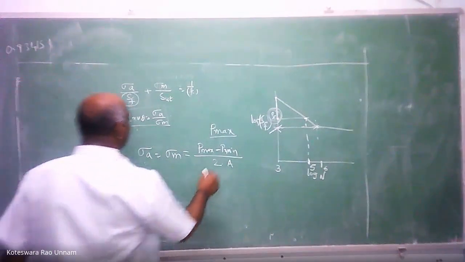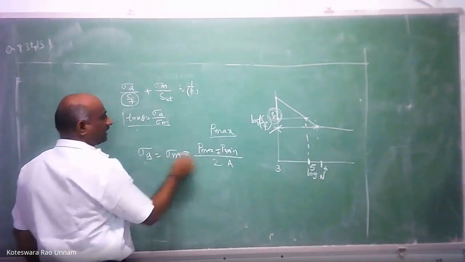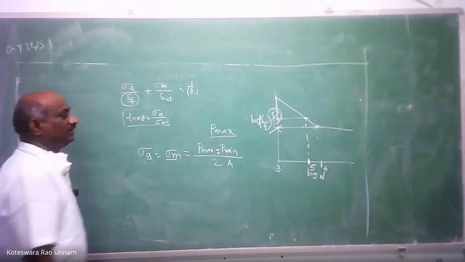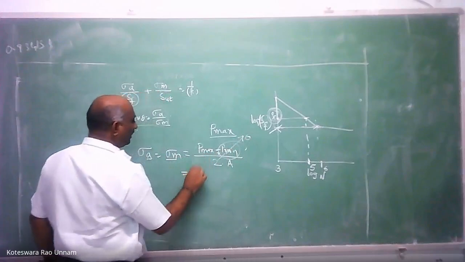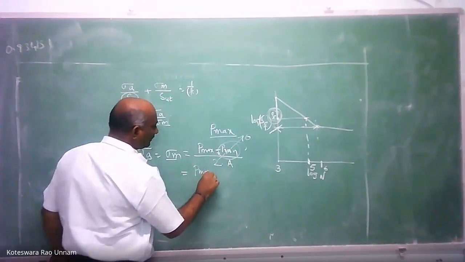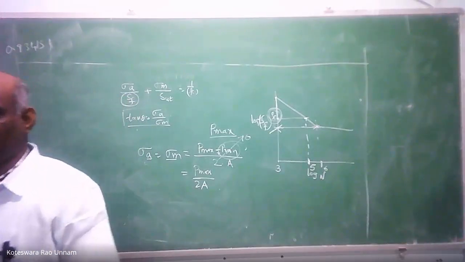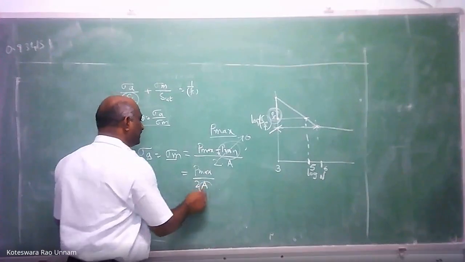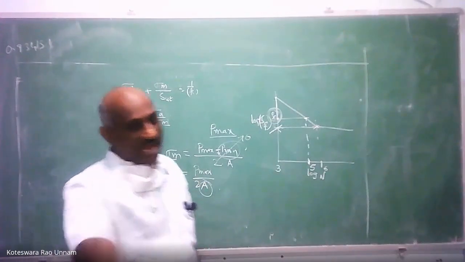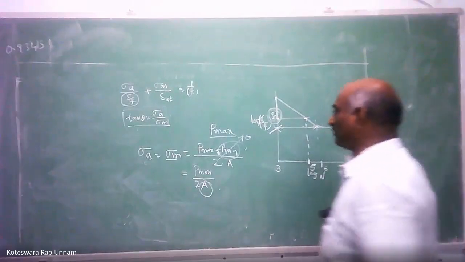So here I have to take it as plus or minus. Minus is for amplitude stress, plus is for mean stress. Anyway, since it is 0, you get only P max by 2 times A. Your sigma A is equal to sigma M, which is equal to P max by 2A. A is nothing but the area of the cross section. The diameter is already given, so you can calculate the area. So everything is known here.